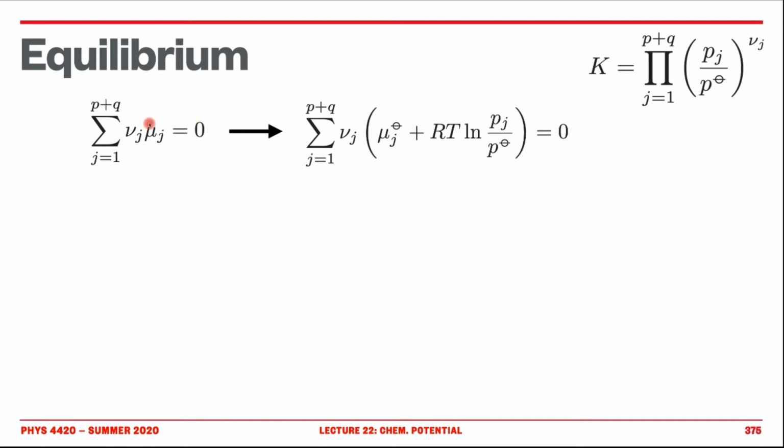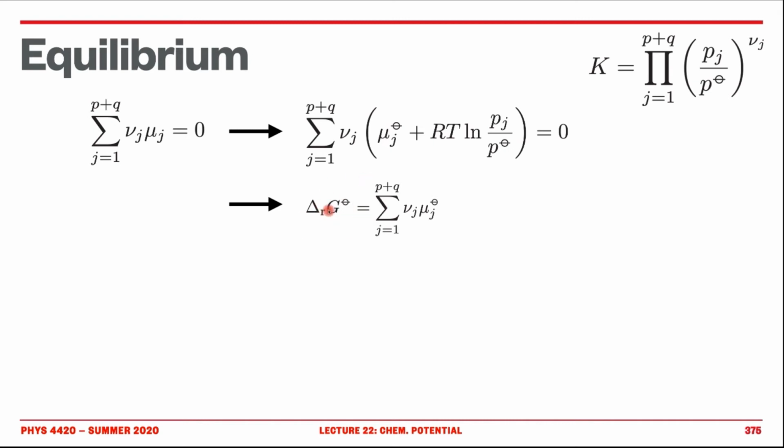Now we know that the mu, the chemical potential, was described a few slides ago as a function of the pressure and temperature. And we could write this as a function of the standard chemical potential. So we just substitute this. Then, of course, we can remember that the subscript R here means it's per mole.